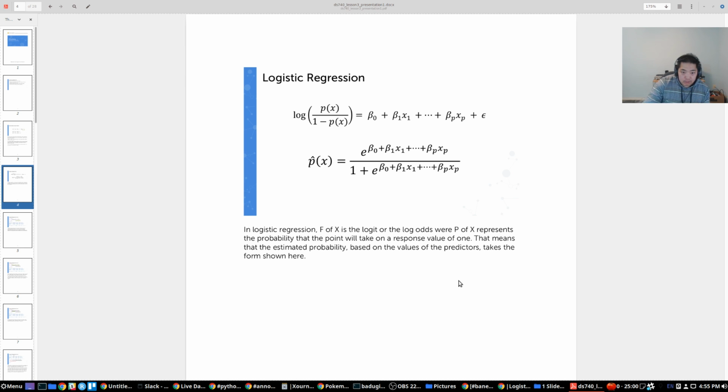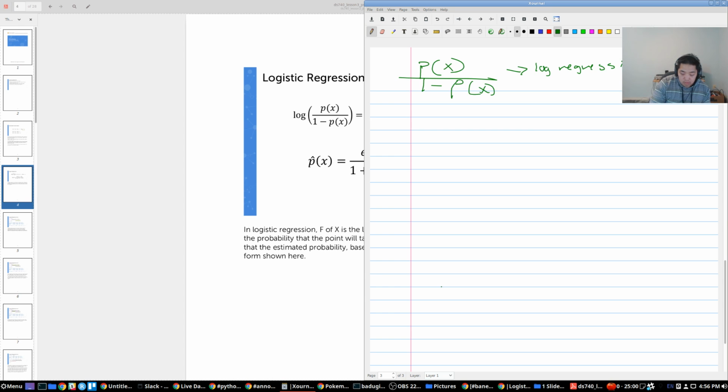Okay, this one actually makes a little bit more sense. We must model P of x using a function that gives outputs between 0 and 1. Yeah, I remember, I just said that.